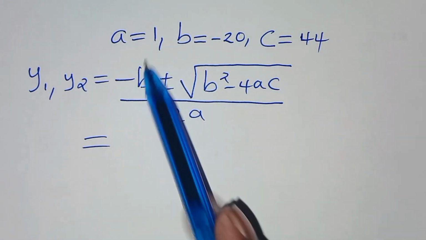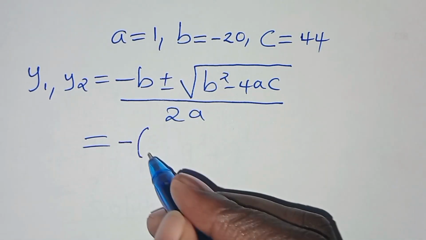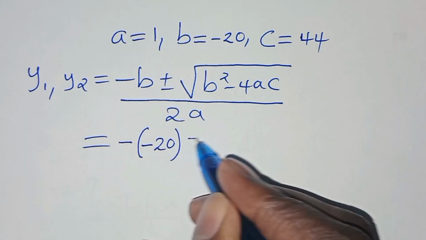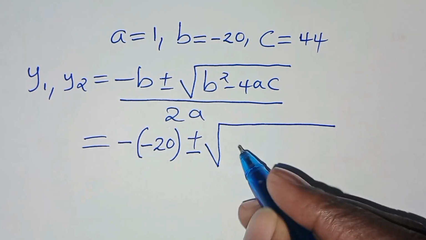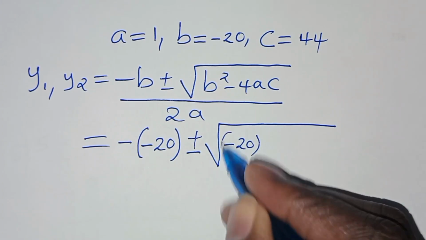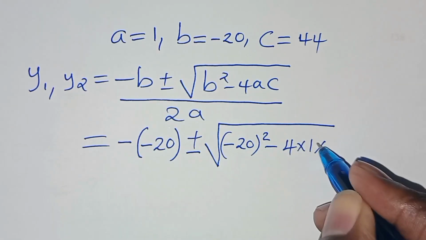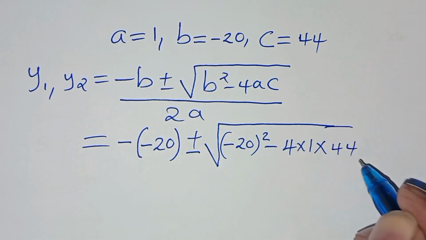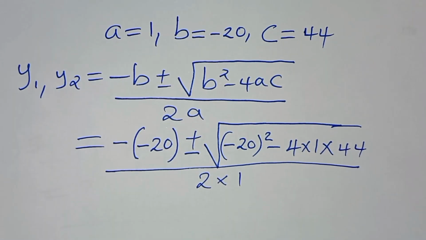Therefore, by substituting the values of a, b, and c here, we will have minus 20 plus or minus the square root of minus 20 squared, subtract 4 times 1 times c, which is 44. Then all this divided by 2 times 1.